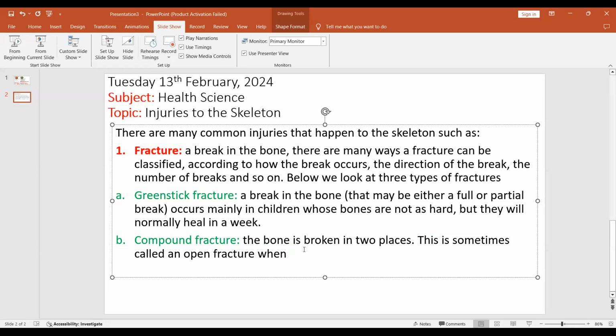So this is called an open fracture when the bone penetrates the skin. Yes, Kiajane? I saw that in real life. At my school, a boy body slammed the next boy and he ended up breaking his leg. It looked very disgusting. Wow.